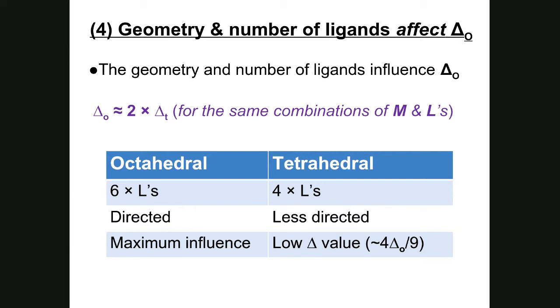And then I discussed the factors that influence how big the separation is. Ligands have been identified as one of the factors. The metal ion itself, where it is in the periodic table, has been another factor.